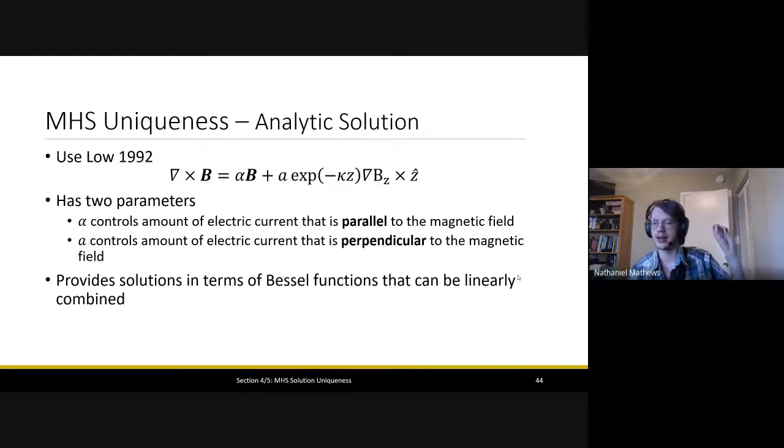I just mean that there's 2 coefficients in the construction of this analytic MHS field that are physically useful and interesting for this experiment. One of them controls the amount of current that is parallel to the magnetic field, essentially how non-potential it is in a force-free direction. And the other parameter controls the perpendicular electric current, which will need a plasma forcing to balance it. Those parameters are called alpha and A. I did not name them.